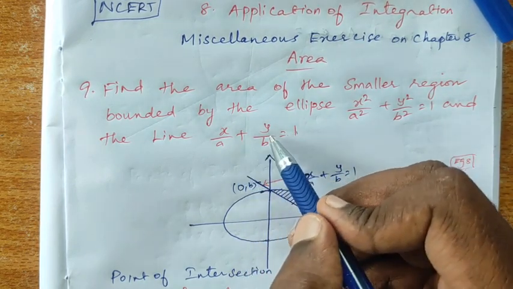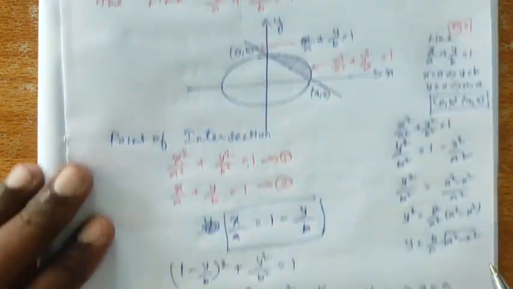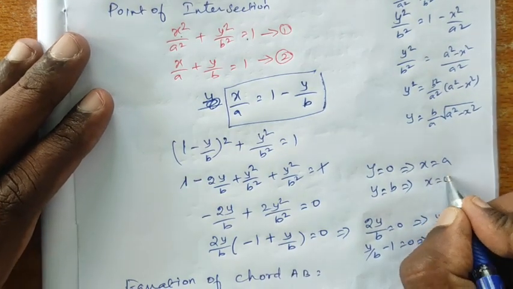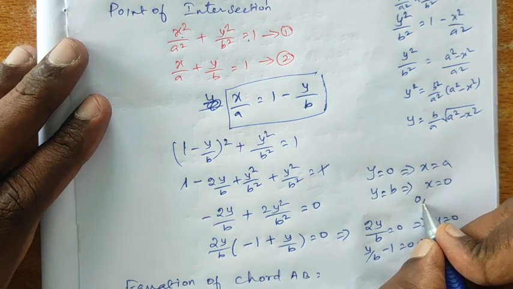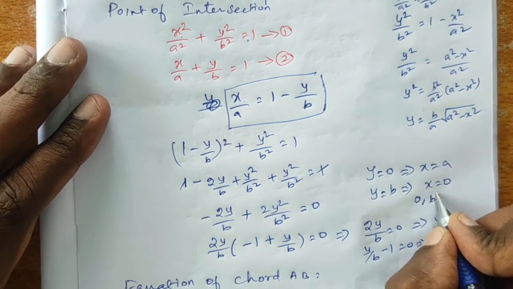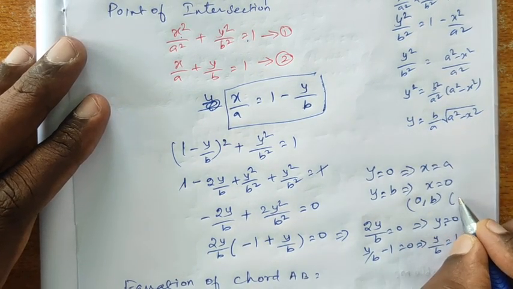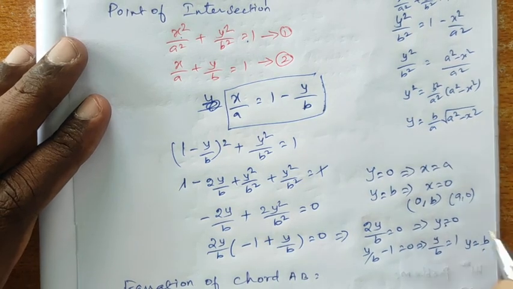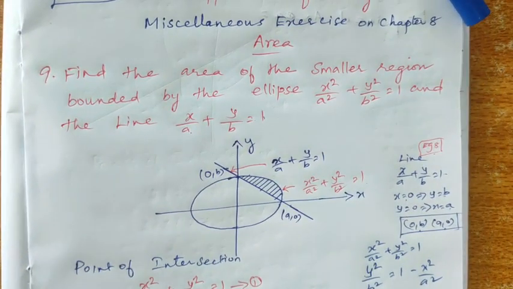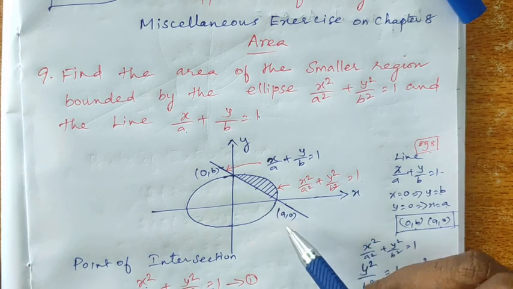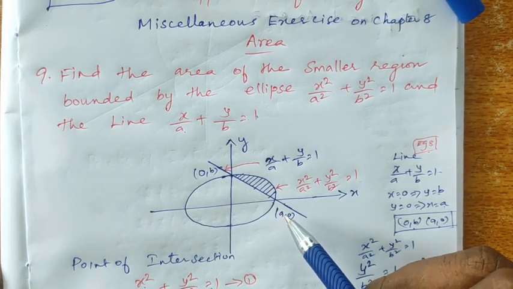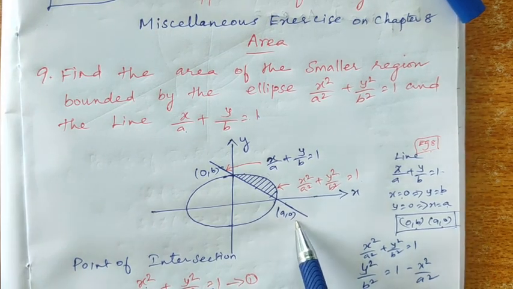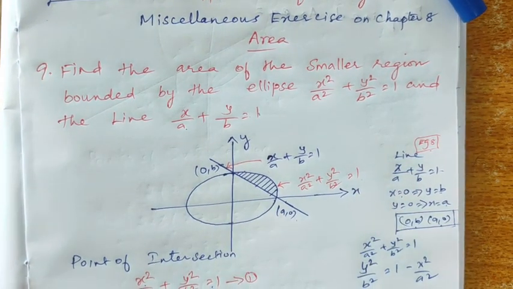So x by a plus 1 is equal to 1, x by a is equal to 0, so x is equal to 0. So point of intersection 0, b and a, 0 are the point of intersection. Here the meeting point of the line on the coordinate axis and point of intersection of line and ellipse are same, a, 0 and 0, b.